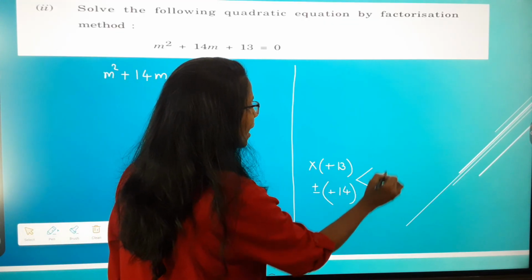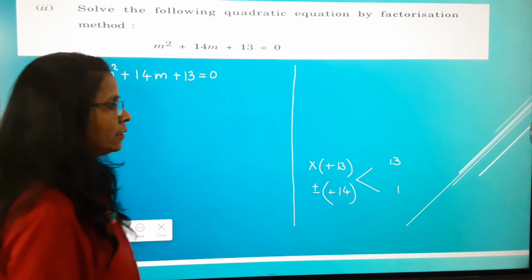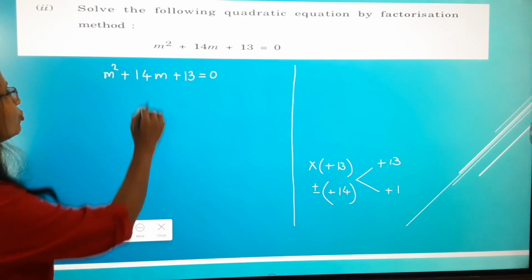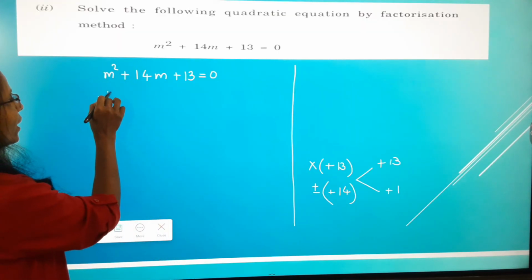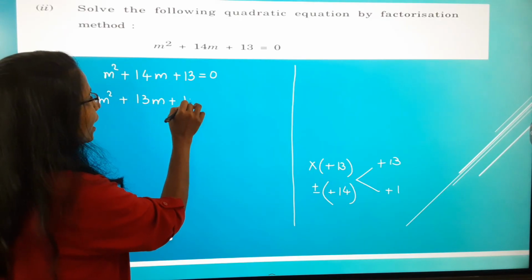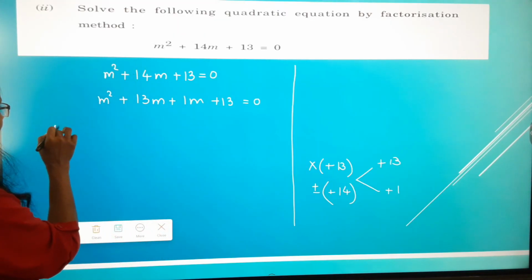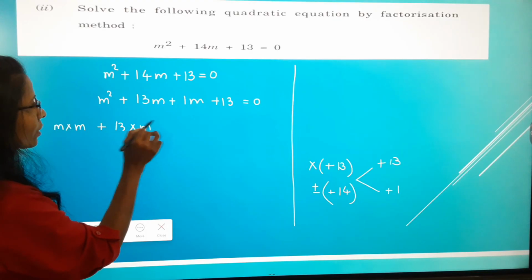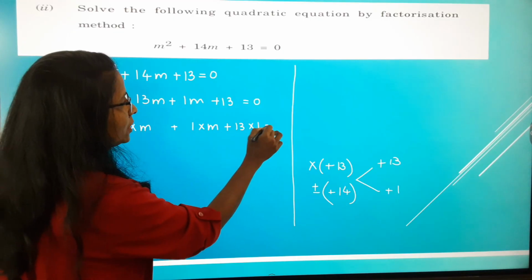Such numbers are 13 ones are 13, so positive 13 and positive 1. The variable is m, students. So m square plus 13m plus 1m plus 13 is equal to 0. Now factorize it: m into (m plus 13), plus 1 into (m plus 13), is equal to 0.